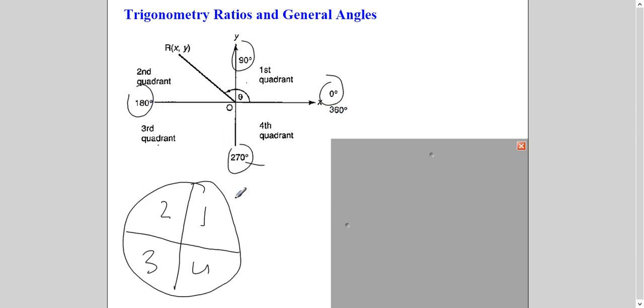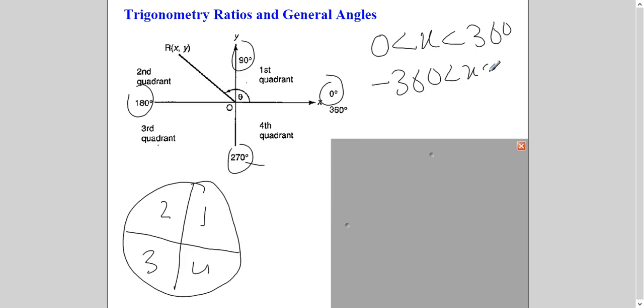If you rotate this way, it will be 0 to minus 90, minus 180, minus 270, minus 360. It depends on what is given to you. You are usually given 0 to 360, or you are given minus 360 to 0. This means I have to go clockwise, because only then can I go from 0 to minus 360. So the range of values given to you helps you to find out.